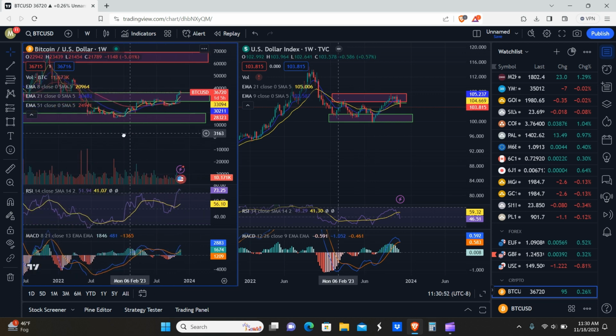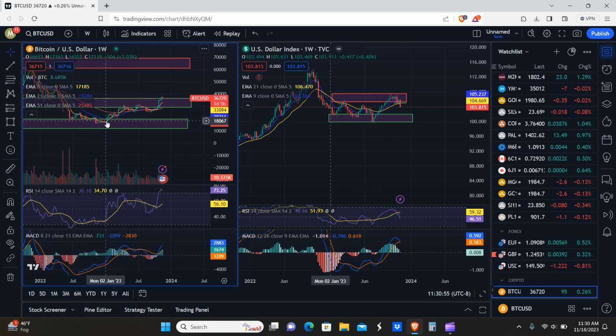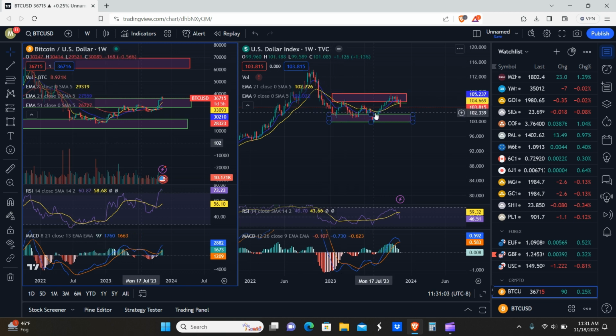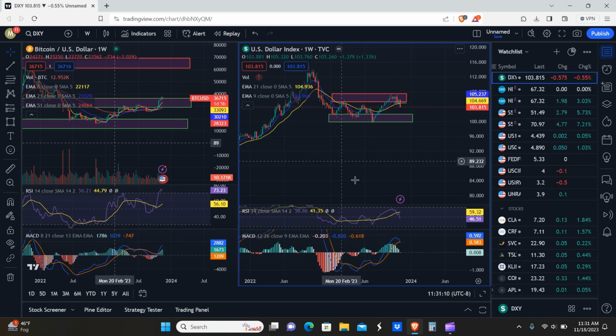As you guys can see so far, the dollar Bitcoin inverse correlation has been pretty accurate. The dollar fell off a cliff, Bitcoin bottomed out, the dollar's been going sideways, not really going up, not really going down, and Bitcoin's been going up as a result of that.